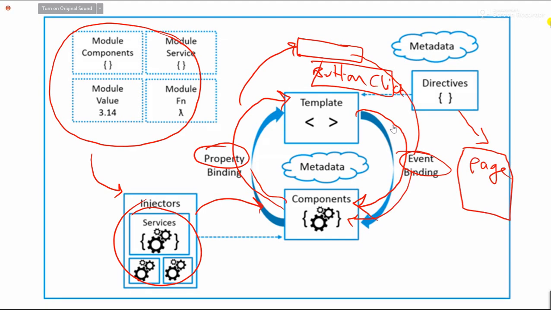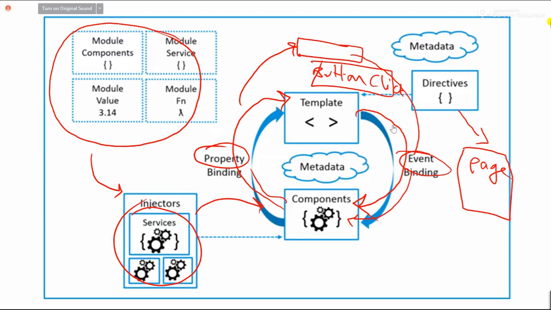It contains information about the component, like from where HTML has to come, from where CSS has to come, which version of HTML to use, which version of CSS to use. Metadata usually contains information about resources, versions, cultures.